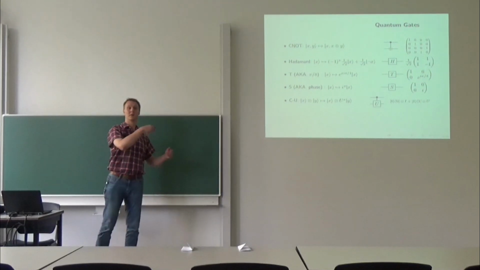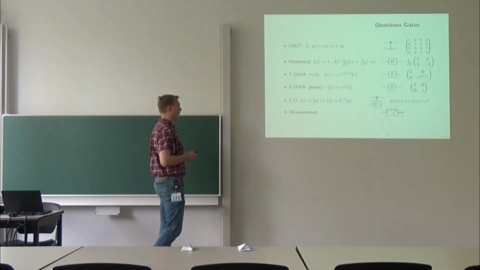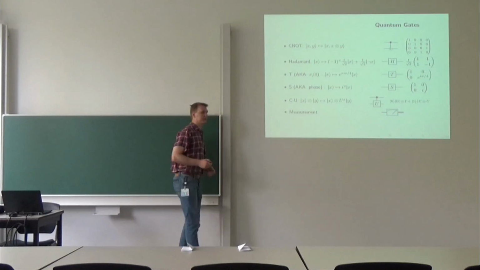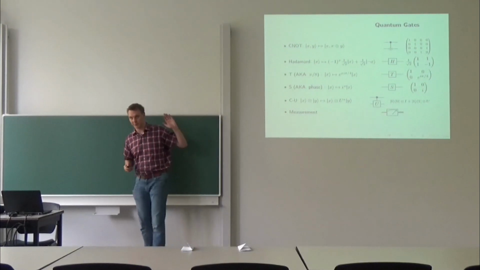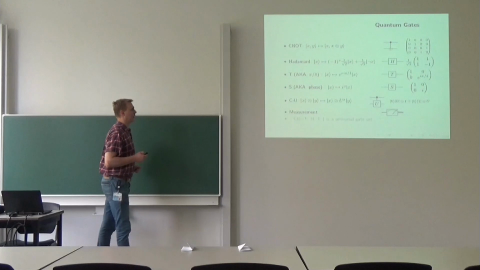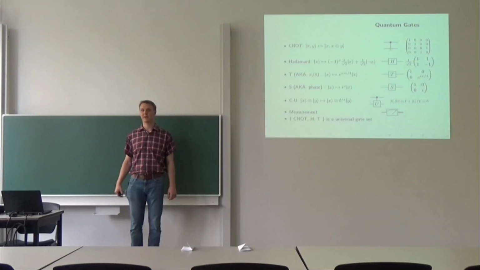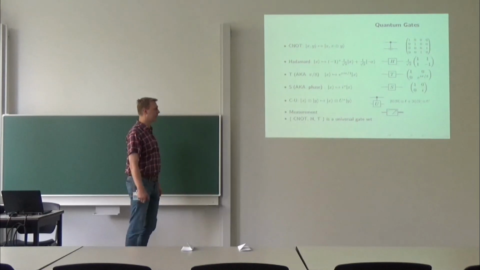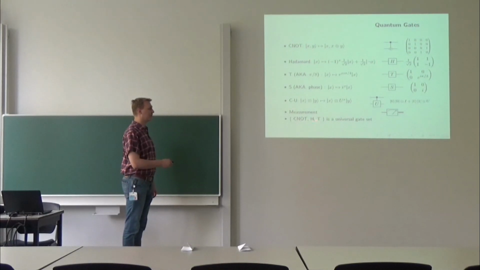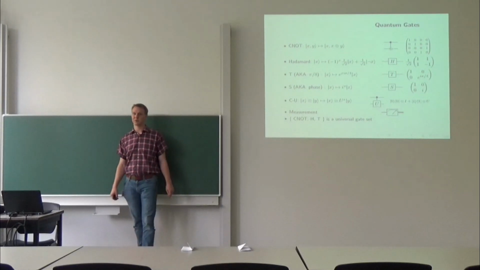If it is 1, we apply the unitary transform. And then there's measurement, obviously, but we already know that. This is the symbol for measurement. And really, you don't need to know all these different gates. It really doesn't matter, because with CNOT, Hadamard, and the pi over 8 gate, you already have a universal set of gates.